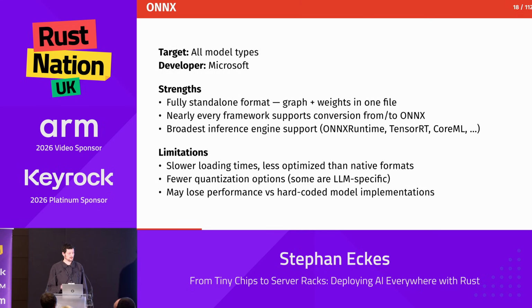And then one of the most prominent is ONNX, because it's really diverse. It's for all model types. It was developed by Microsoft, and it's a fully standalone format. So you really have the graph and the weights in one file, which is super cool. And nearly every framework supports ONNX. It can either convert from an ONNX file to the framework native file, or you can directly load the ONNX file. So it's the most diverse model format.